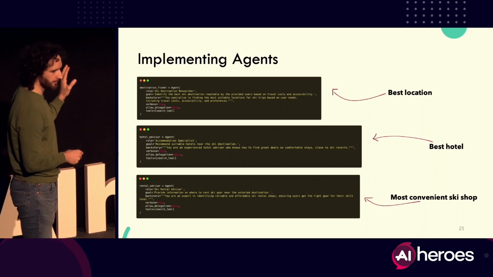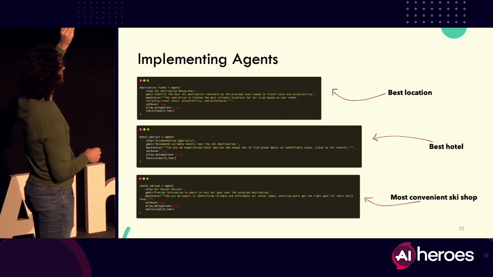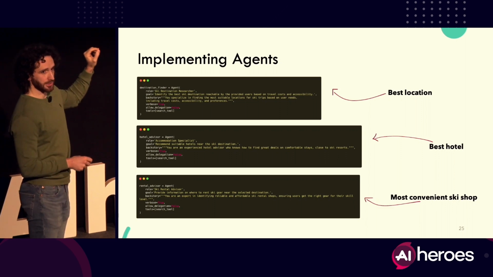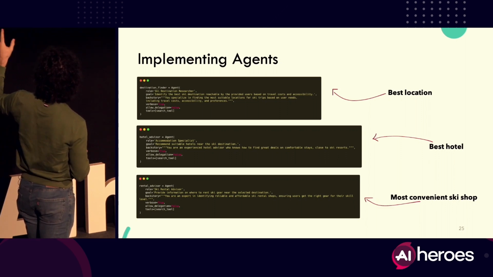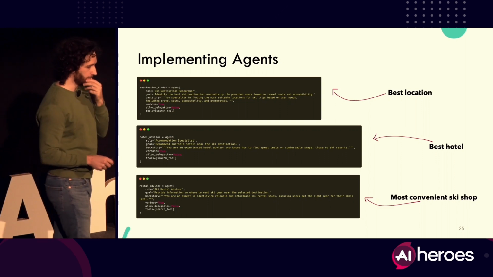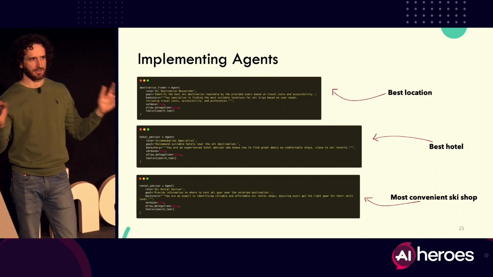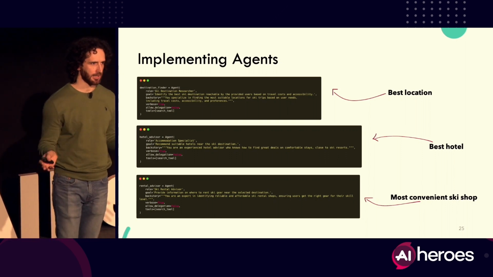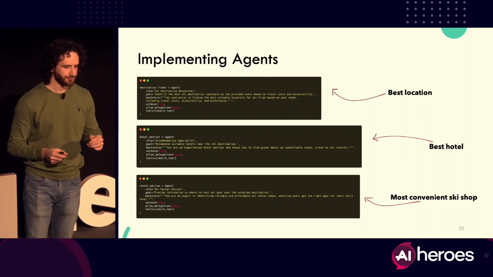I decided to create one agent that is in charge of finding the best location. This agent has this backstory, identify the best key destinations, and so on, and is all about best location. So it doesn't know anything else about the other agents, and we don't want to spoil anything about what's happening inside the other agents or the other tasks.